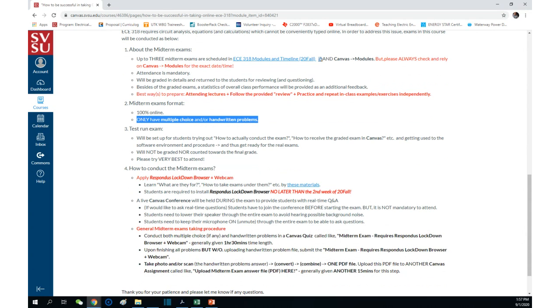You don't have to repeat or print the problems. Actually, since it is under the lockdown browser, the computer won't allow you to do that either. You have no chance to do the printing. You just write down the problem number. Okay, it will be okay.